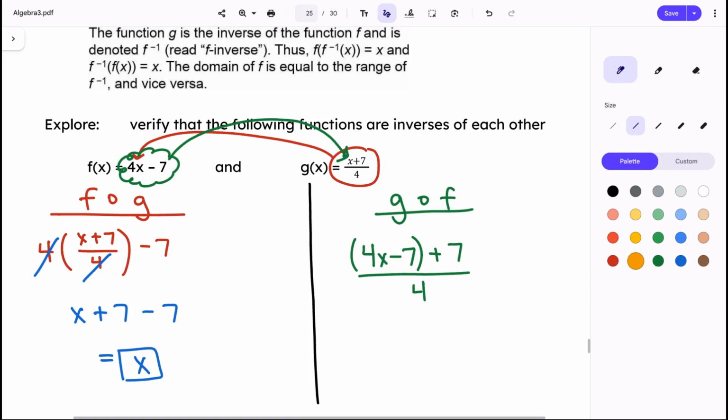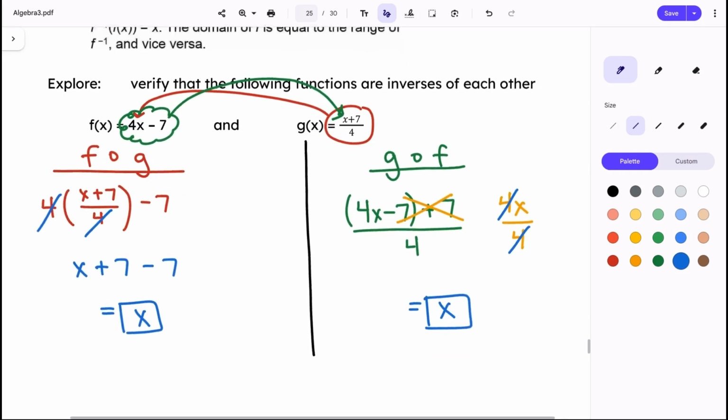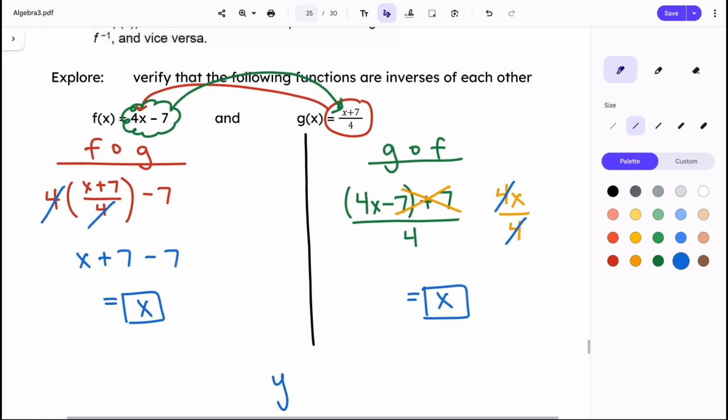So you're seeing that this 4 is going to cancel here. Is that what you're talking about? Because what happens with the 7s? They're gone. And so really, yeah, you're left with this 4x over 4. And so it's true, those 4s are going to cancel. What are you left with? X. So since I got x on both of them, that means that they're inverses. So I can say yes.